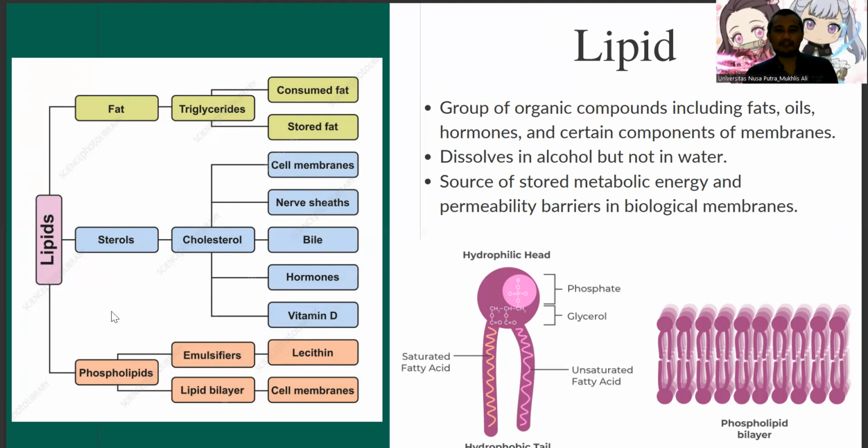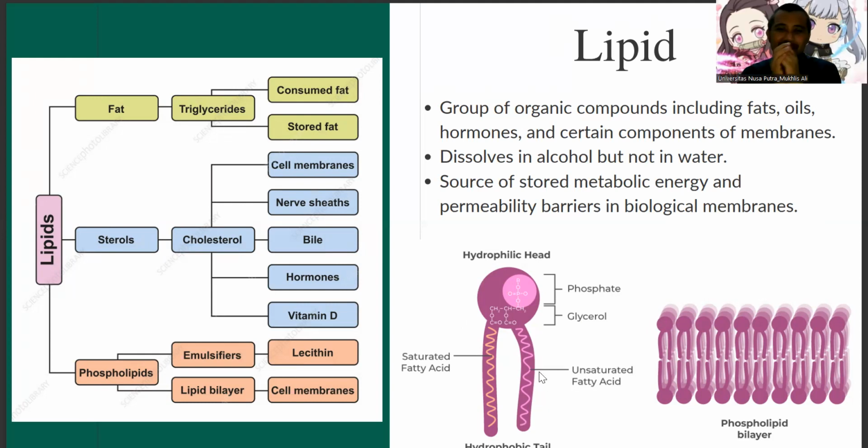The last one is phospholipid. Phospholipid has a function as lecithin and in cell membranes. Phospholipid in cell membranes has two types of parts.